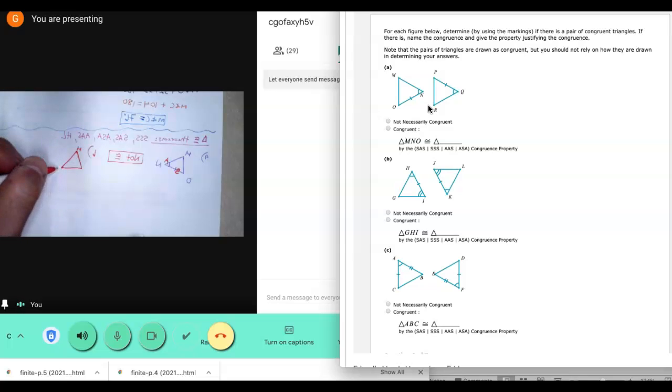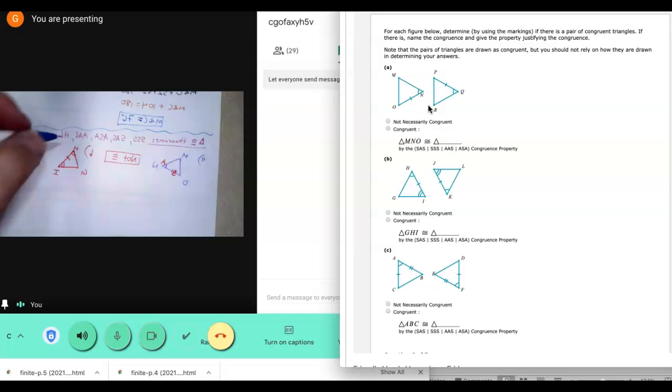Either way, HIG, you guys, is one of the triangles here. HIG has 2 arc marks on I, 1 tick mark on HI, and 1 arc mark on H. This is going to be one of our congruence theorems, right? We have an angle here, a side there, and an angle here.